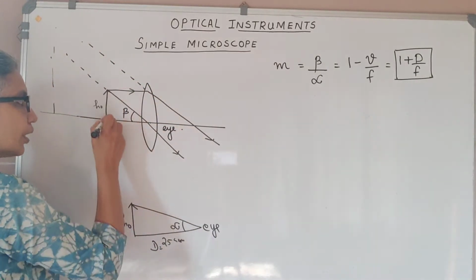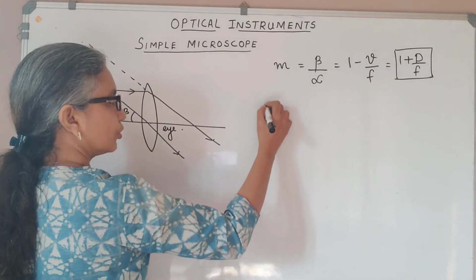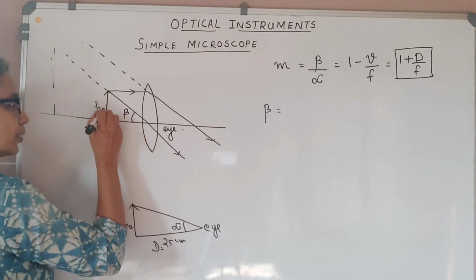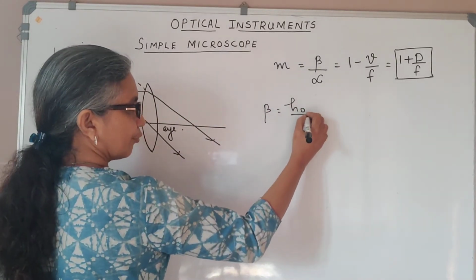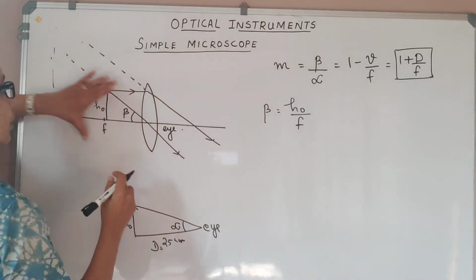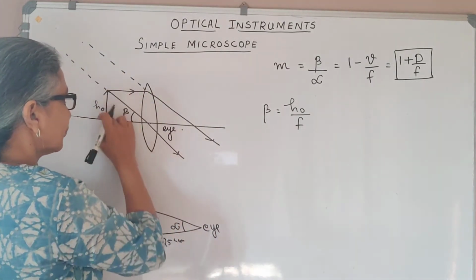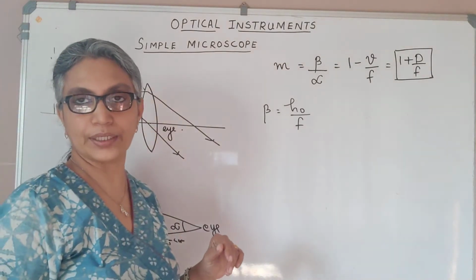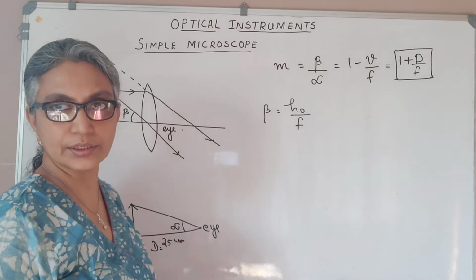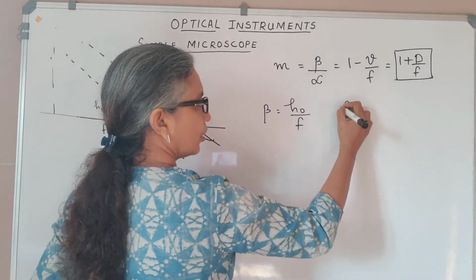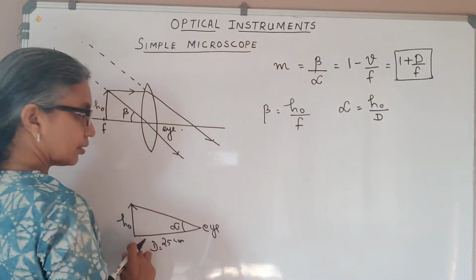But from this small triangle, we may also write beta as opposite side by adjacent side, which is HO by F. So instead of taking the image at infinity, you can get the angle beta from the smaller triangle, which is HO by F. The alpha is the original, without any lens, alpha is always the same, which is HO by D, with the image formed at D.